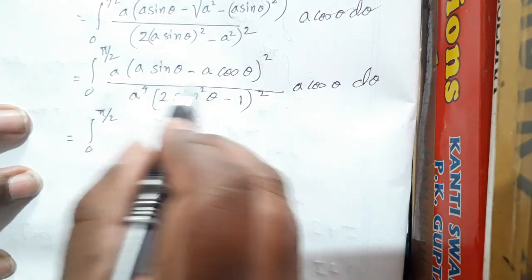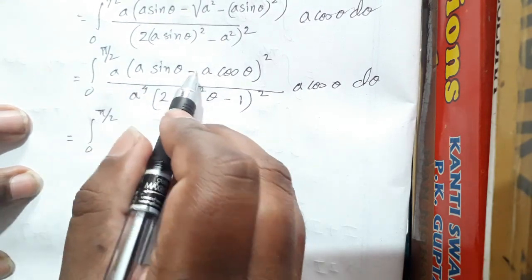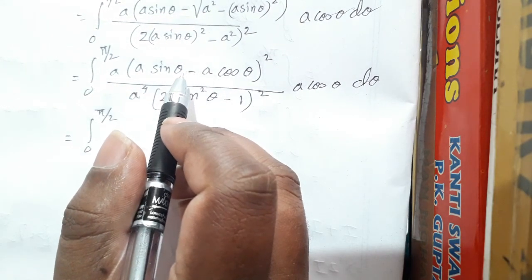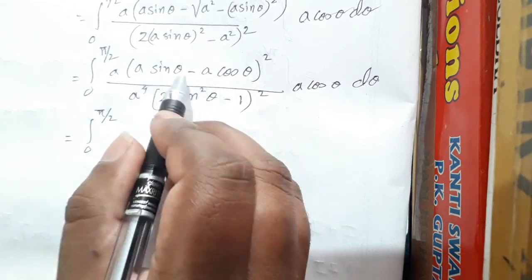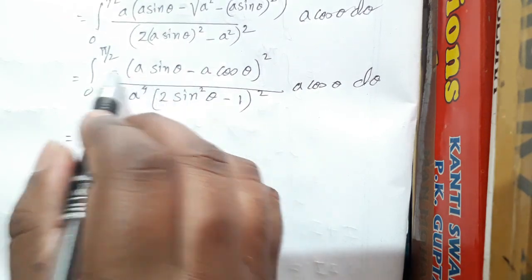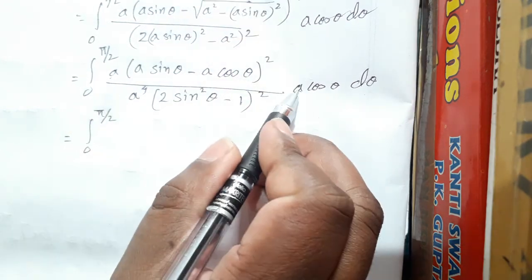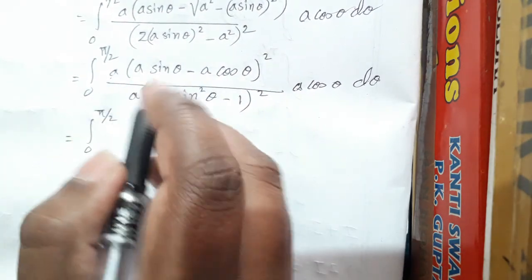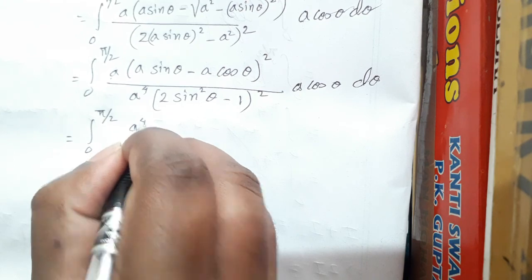From here I can take a common. Taking a common here, I get a square out, and from the numerator also a square, so altogether we have a to the power 4.